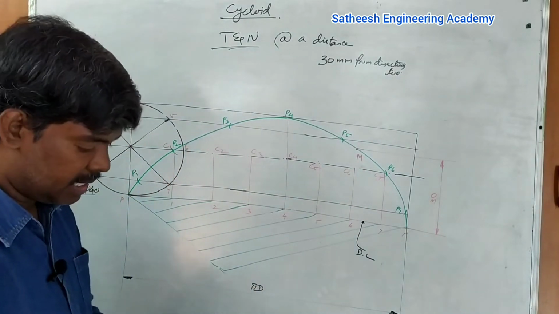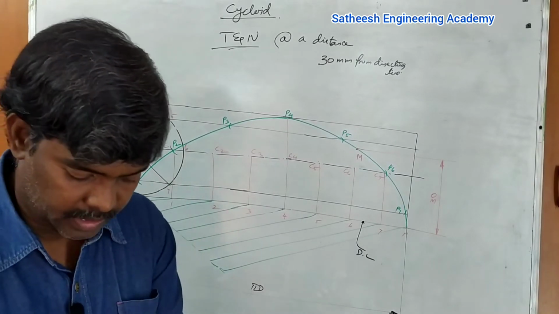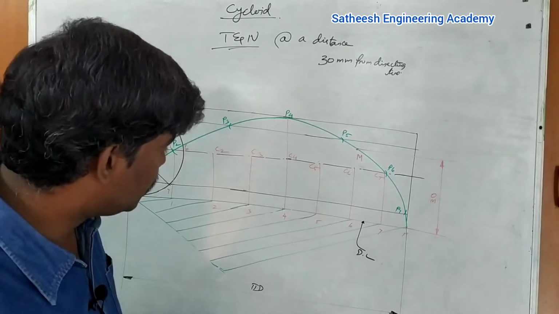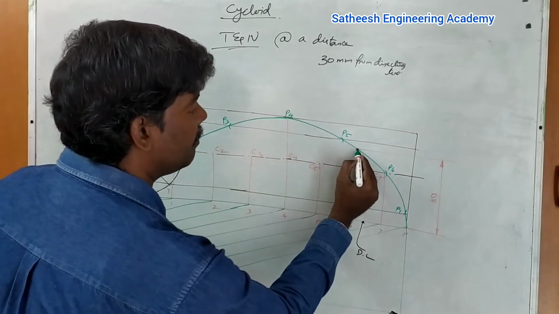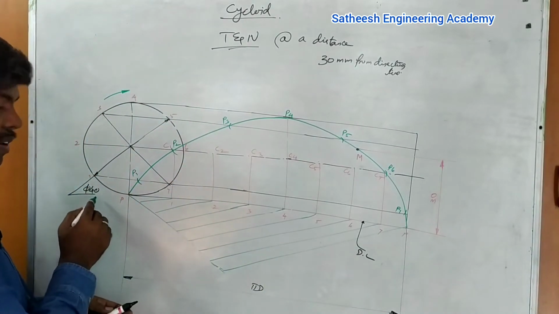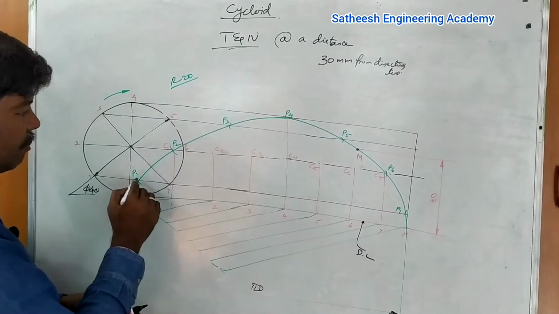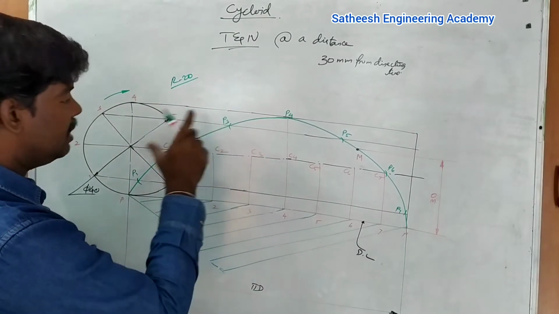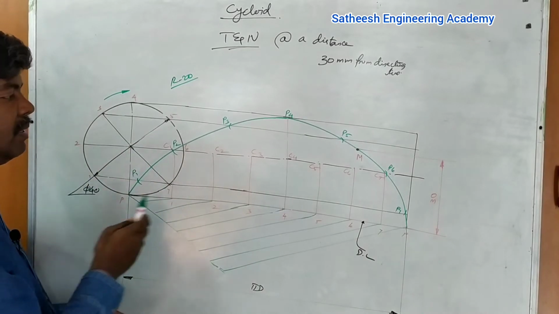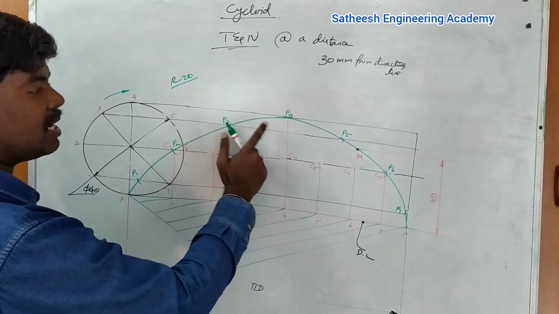Now you draw the tangent and normal for this particular point M. The diameter is 40, therefore the radius is 20. For the arcs P1, P2, P3, you took the given diameter, and the centers C1, C2, C3 are the centers for the various arcs.